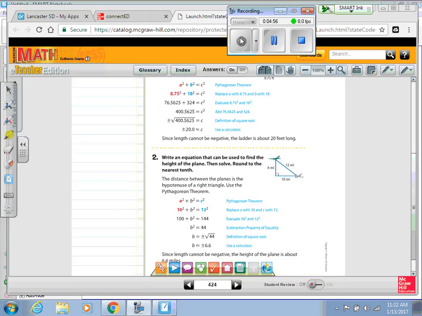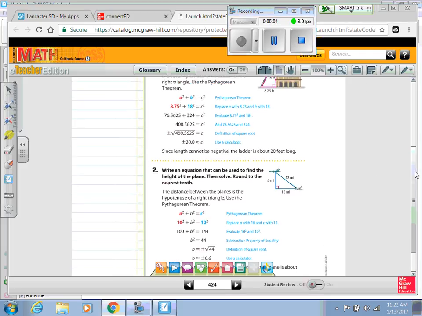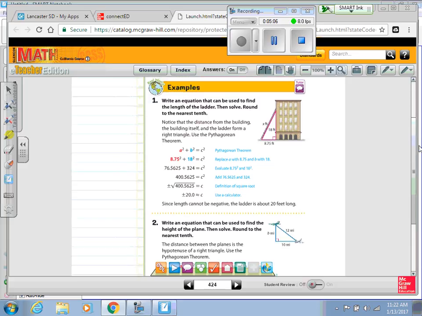One of the important things to realize about right triangles is that the hypotenuse is always larger than the legs. So if you see here, we have 18.75, we have 8.75 and 18 feet. They are both shorter than the hypotenuse.